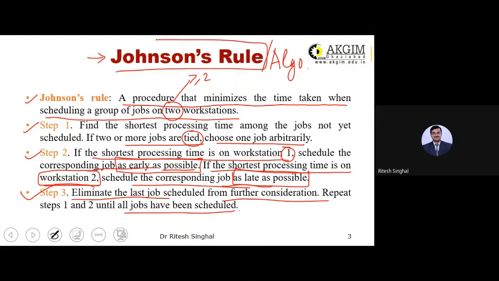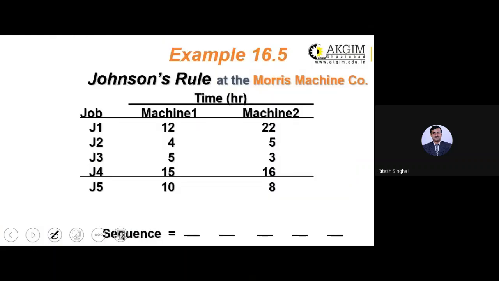So we are going to solve a particular example using Johnson's rule. So let's start. Suppose there are 5 jobs given to us, and the timings required for a job to complete on workstation 1, machine 1, and machine 2 are given in terms of hours.